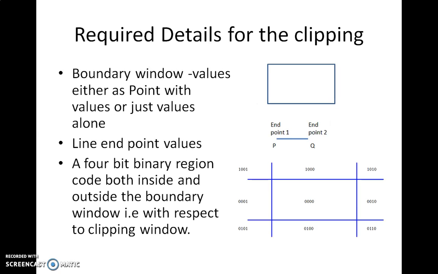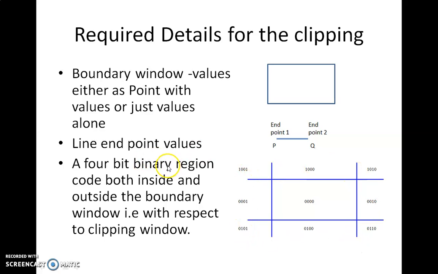Now, coming exactly to Cohen-Sutherland line clipping algorithm. What are the details required? As we saw, we need a clipping window and we need a line. Those two are already there. The line will have P and Q as points referred. This is one endpoint, this is the other endpoint. In Cohen-Sutherland line clipping algorithm, we have this clipping window and the region values.